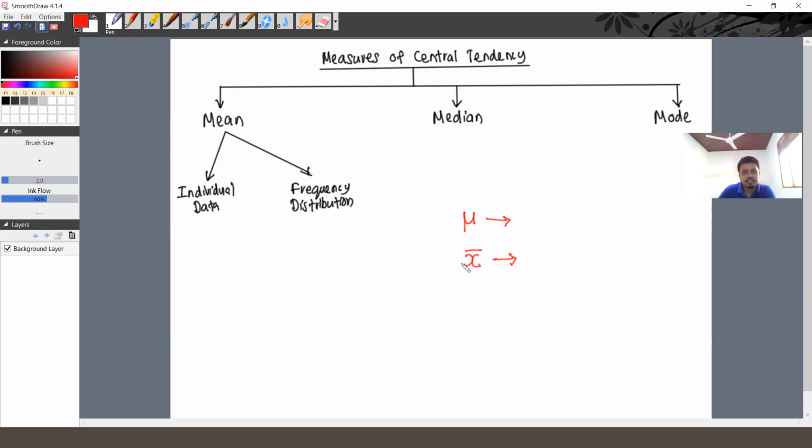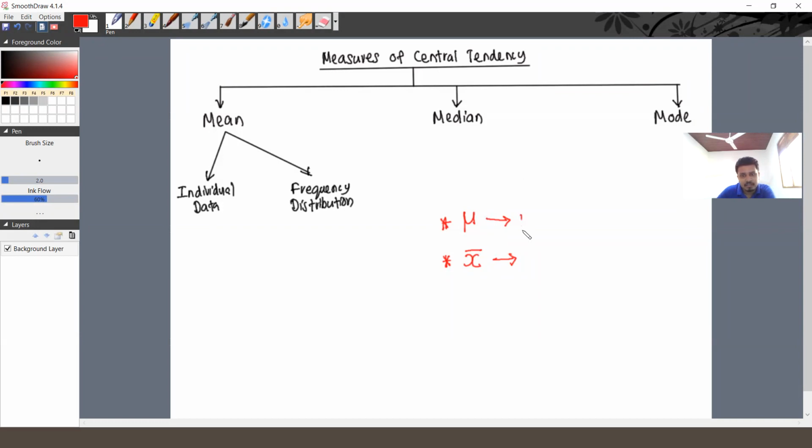So what is the difference between these two? Sometimes we use this symbol to denote the mean, and in certain situations we are using X bar. This is also mean. So what is the difference between these two then?